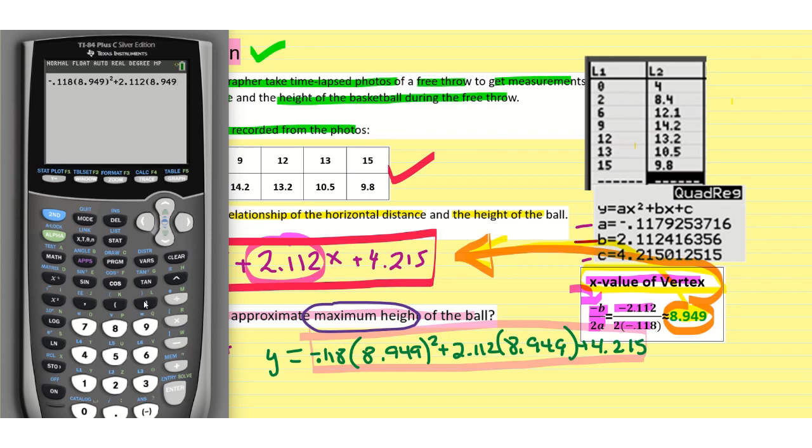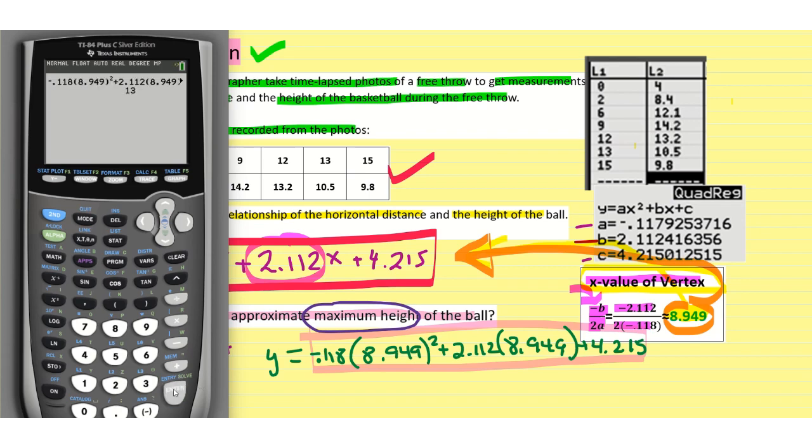Did I get it all in there right? Yep. And then plus my C number, which is 4.215. Let's look over that and make sure we've got everything in there correctly. I can back arrow over that, and it looks like everything is good.